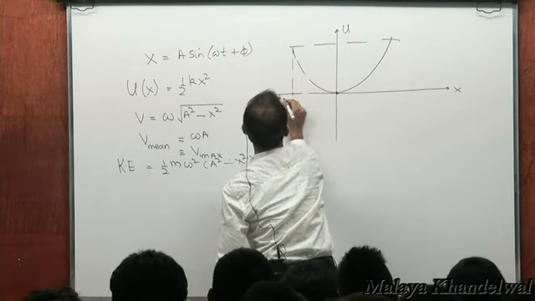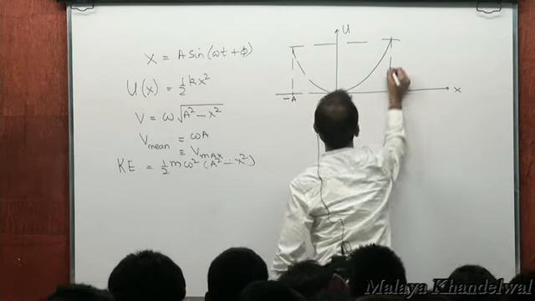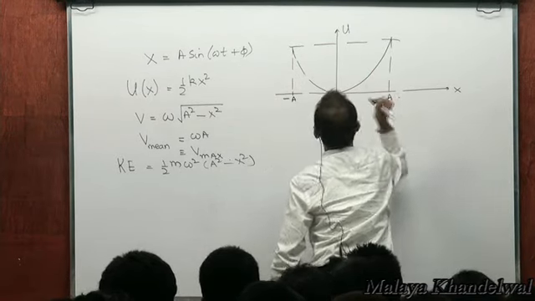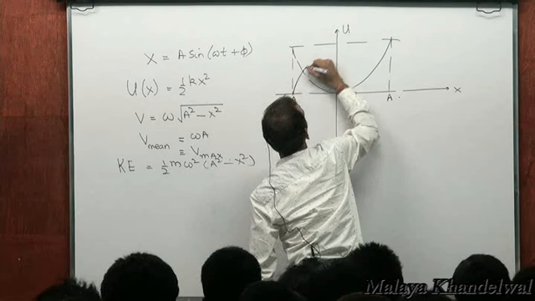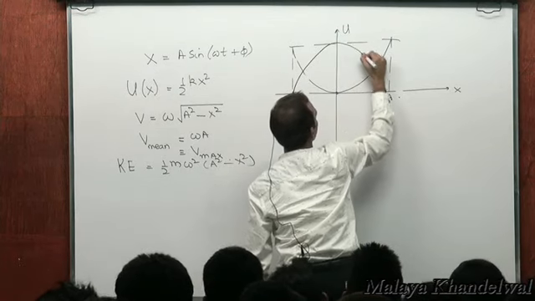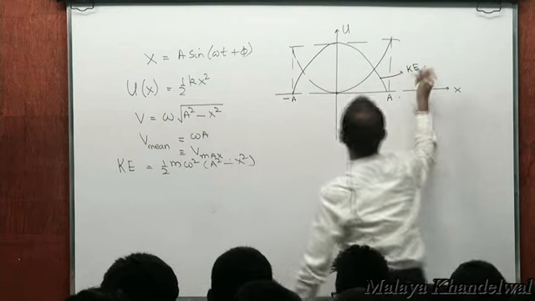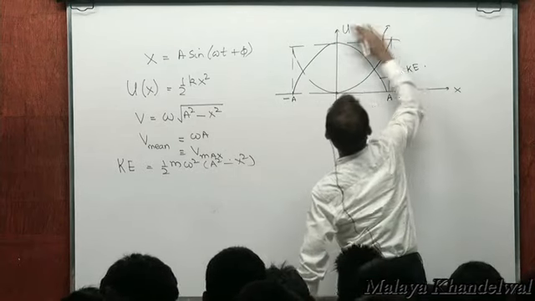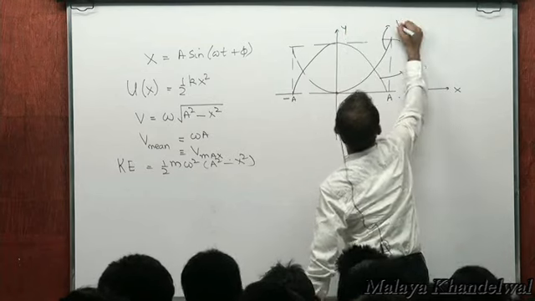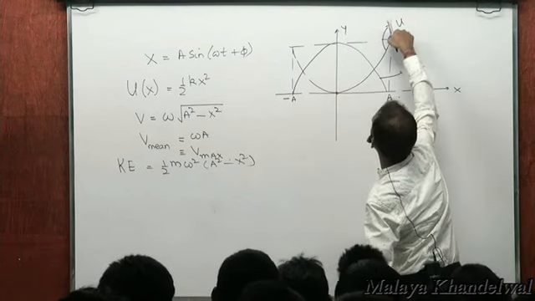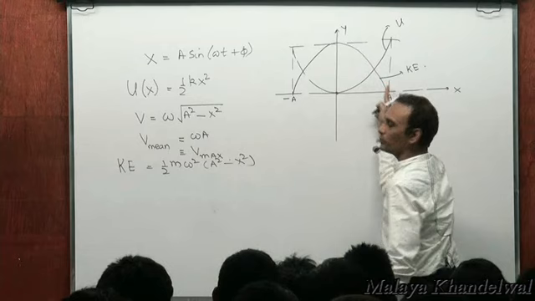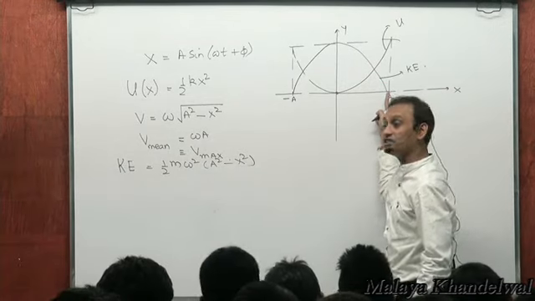At the amplitude positions, minus a and plus a, potential energy was maximum. And this is how the kinetic energy varied with x. This is how the potential energy varied with x. A downward opening parabola is the variation of kinetic energy with x.